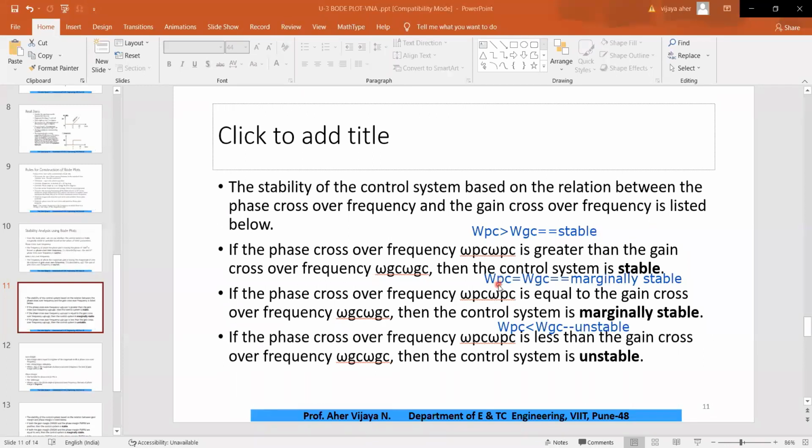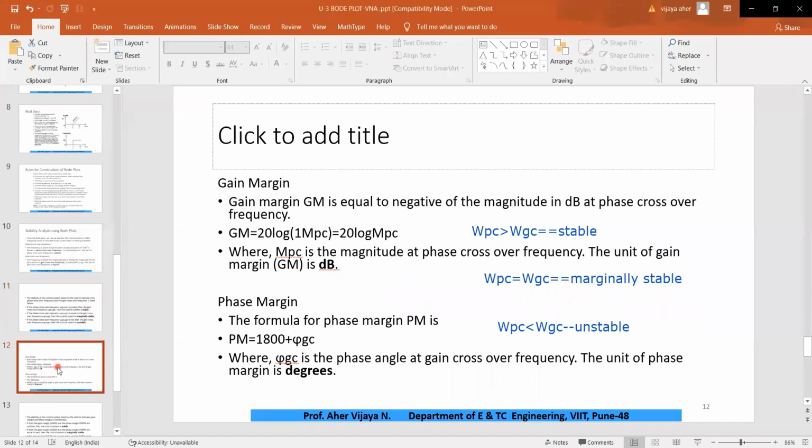Second condition, when both are equal, phase crossover and gain crossover, the control system is marginally stable. The third condition to remember, when phase crossover is less than gain crossover frequency, at that time your control system is unstable in nature. Finished. Got my point? Any doubt? Students, any doubt up to this?